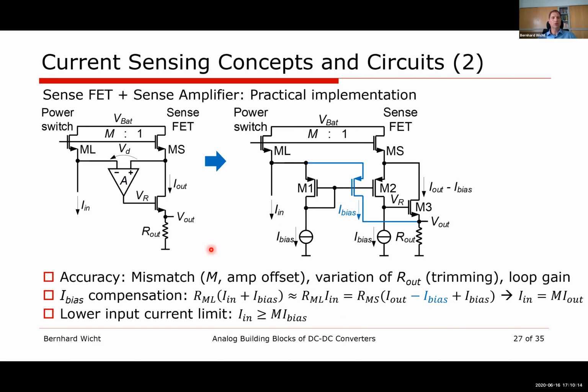I didn't mention that there are, of course, the typical analog properties of mismatching, which bring errors. The absolute variation of R out comes into the equation in terms of precision. Usually these circuits are trimmed, so R out may be a binary weighted array. We can trim it and even store the trim values in non-volatile memory, so that we have precise current sensing here.